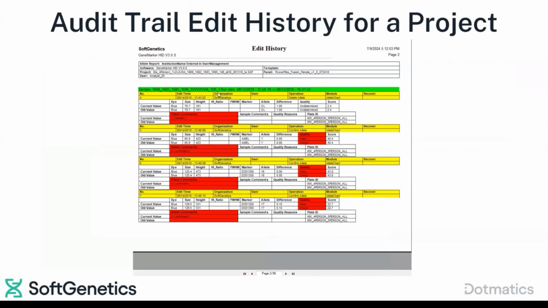And this is just showing it's actually a 38-page audit trail. It was an extensive project that has this trail here. It was edited, and this can be saved as a PDF, or if you want to just visualize it in the software, it's available through a drop-down box in the user interface.